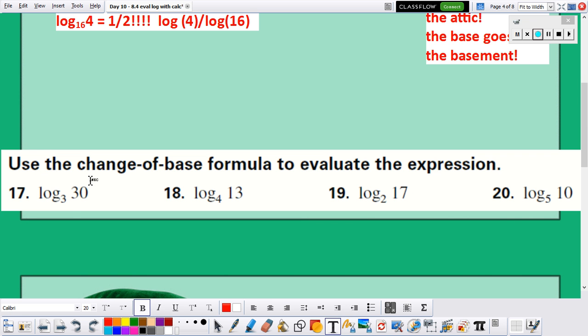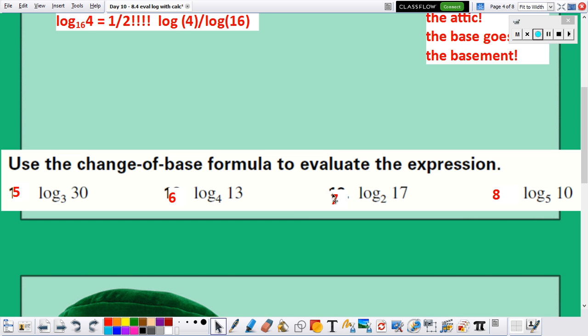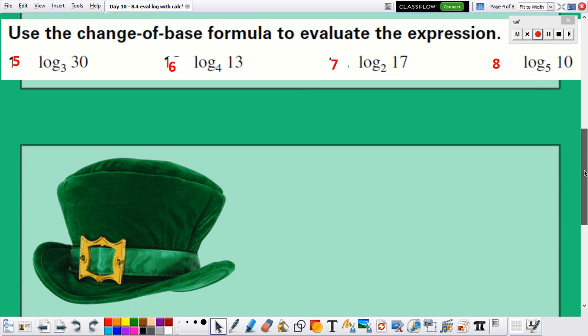So this would be number 5, 6, so go ahead and try these. You are going to get crazy decimals.